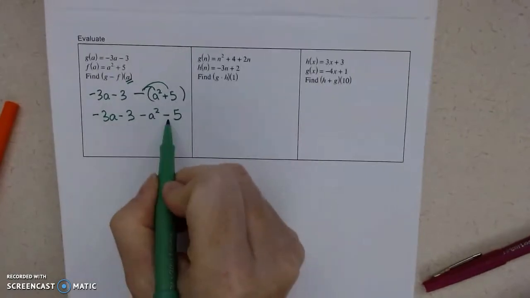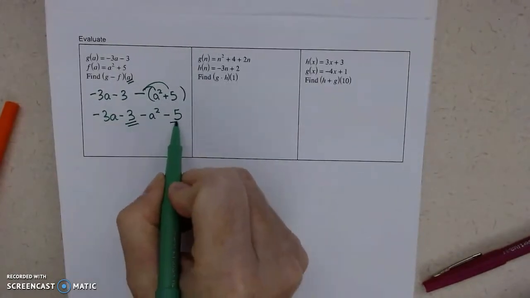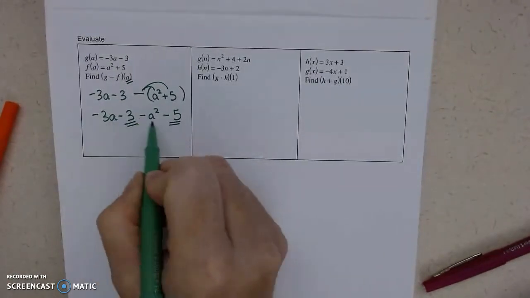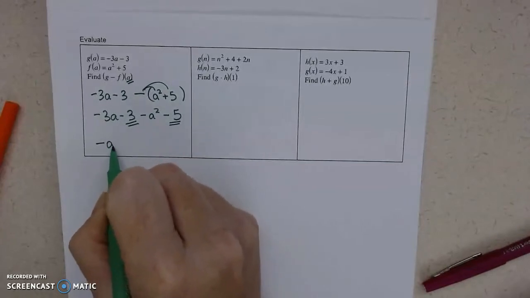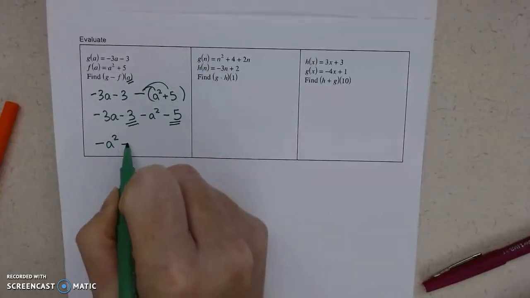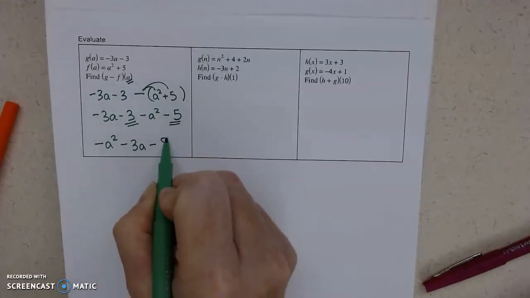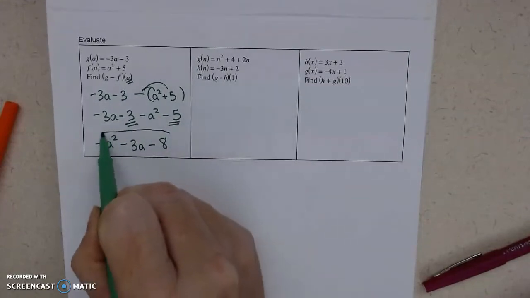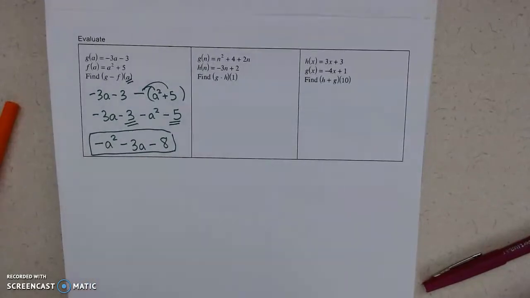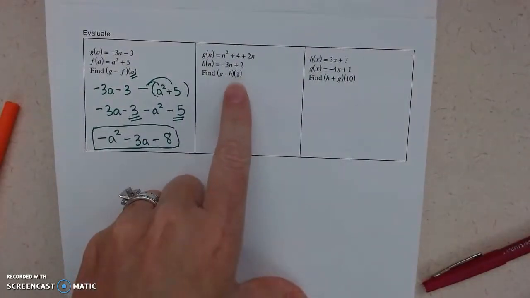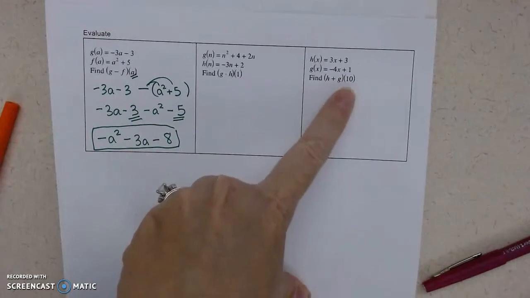So a is already my variable, so all I need to do is combine like terms. You can put these in any order. The answer key will usually be written with the highest power first. And then -3 and -5 is -8. Okay, your options really come when they give you a value for substitution.